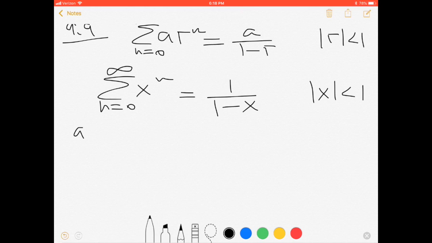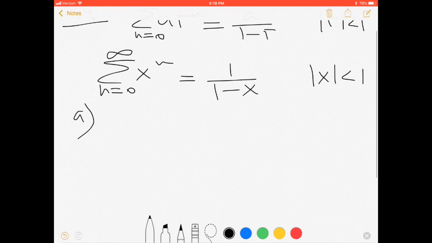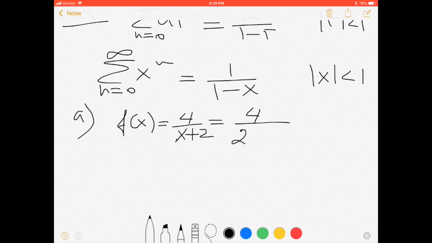For example, example A. Our function f(x) is 4 over x plus 2. First, I need to do a little work with this function because I need my denominator to be 1 minus a variable part. I can write 4 over 2 minus negative x.